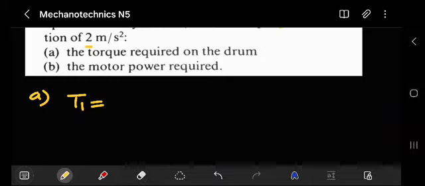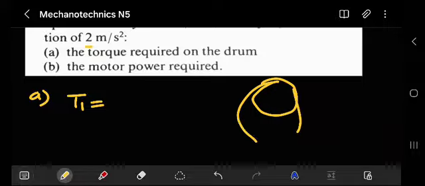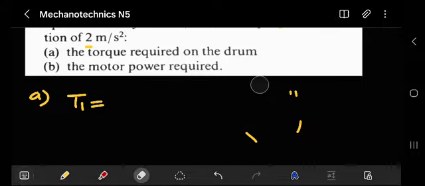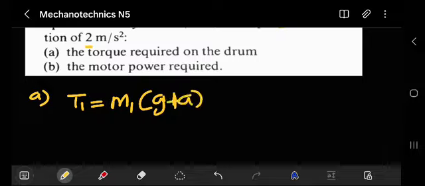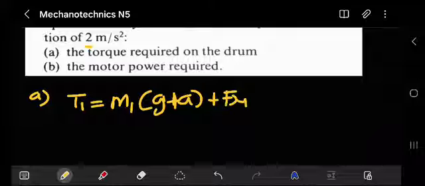This is the rope wound around the drum. This is simply a drum. We also have the mass of the drum. By the way, T1, tension 1, is given by mass 1 multiplied by gravity, plus mass 1 multiplied by acceleration. Since you have the friction there, you add the friction force on this elevator.